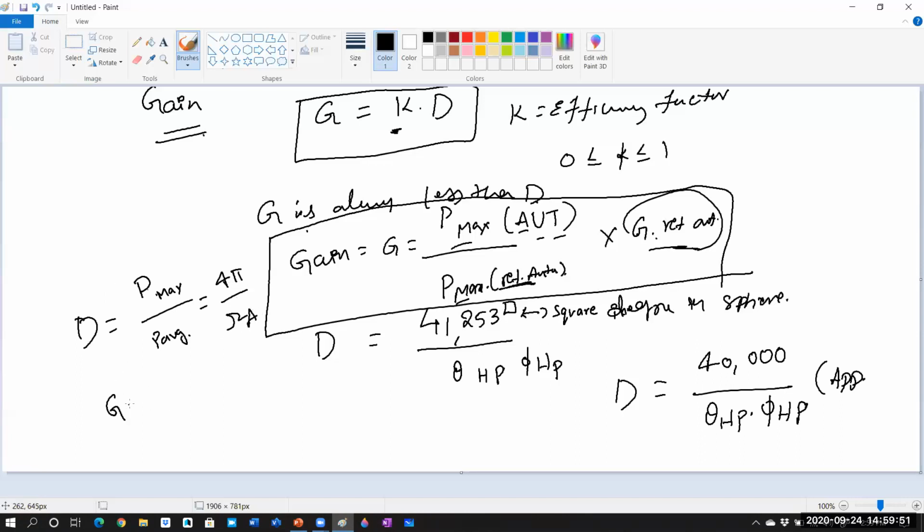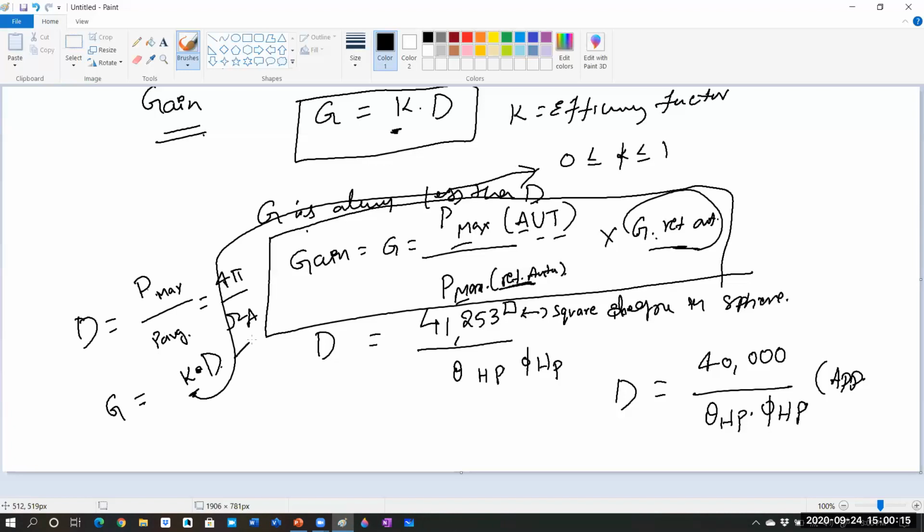The gain G is a realized quantity which is less than the directivity. We can write the formula G equal to K into D, where K is the efficiency factor, so 0 is less than or equal to K is less than or equal to 1.